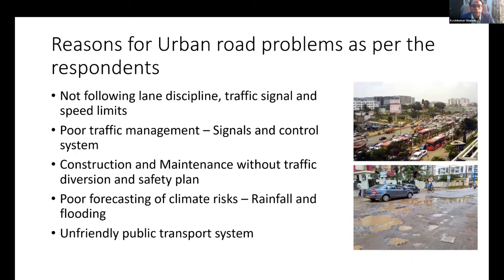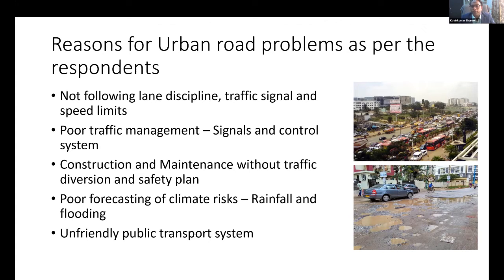Summarizing the road problems from people's feedback, one is the lack of lane discipline. The traffic signals in Bangalore do not really reflect the requirements. Some signal timings were long and some were very short, but it did not really solve the problem. There is also poor traffic management by the traffic police, and construction and maintenance.